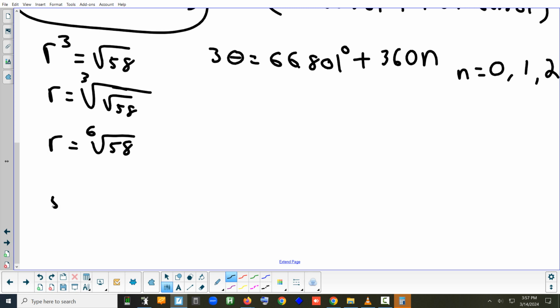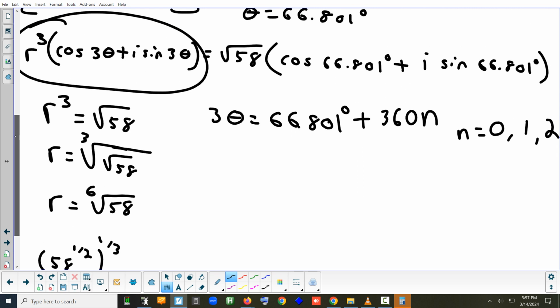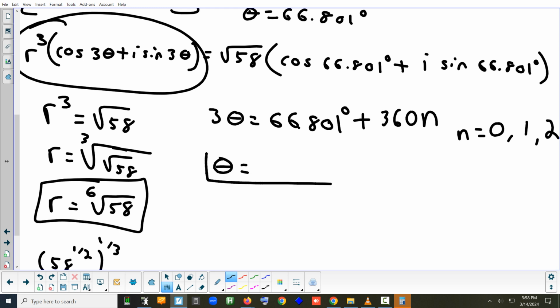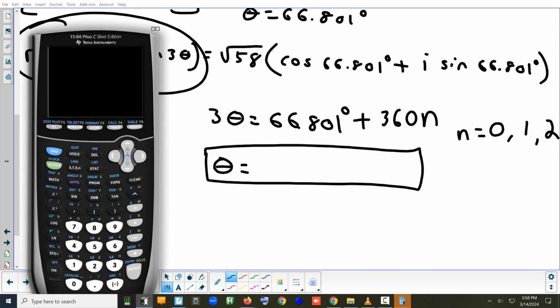Because you could think of it as 58 to the 1/2 to the 1/3. So it's really the sixth root of 58. Okay, so we got that. So that's my radius. Now, how would we get theta by itself here? Divide each side by 3. Yep.